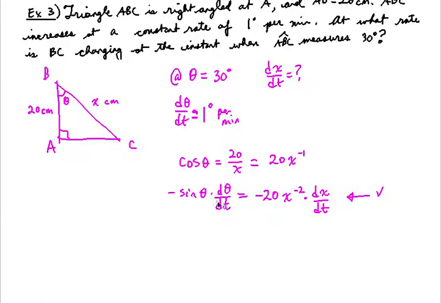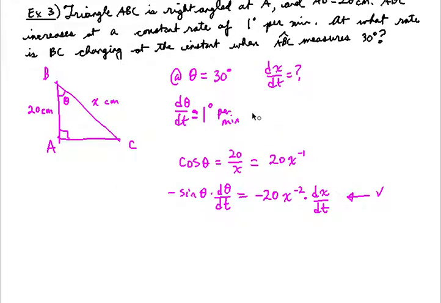But what am I missing here? I'm missing an x. I have an angle, I have d theta/dt, but I just need to convert it into radians. I don't have x right now, and that's what I'm looking for. So I need to find an x, and I need to convert this into radians.